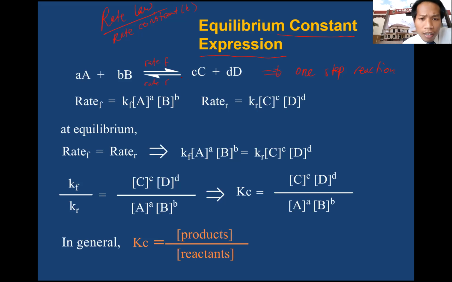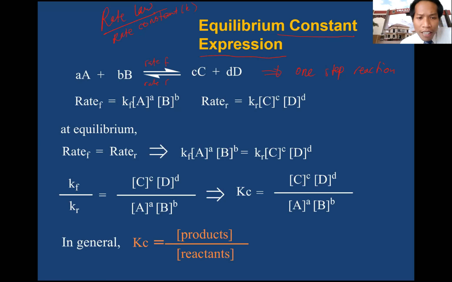So the product now will be the reactant and the reactant will be the product. So the rate for reverse is equal to Kr times concentration of C to the power of c times concentration of D to the power of d. Is it clear how to write the rate forward and rate reverse? It is the same as writing the rate law and rate constant for a one-step reaction.